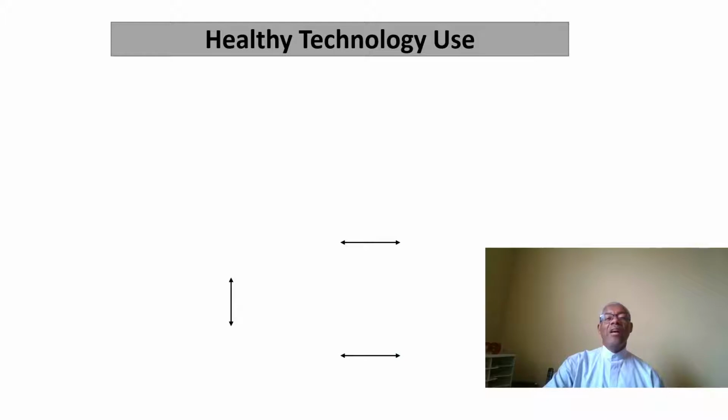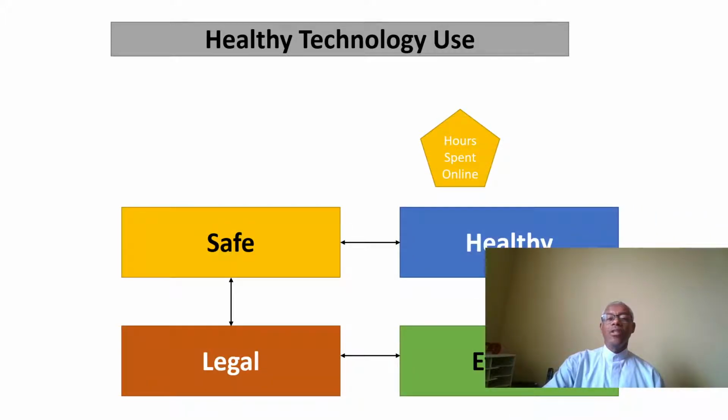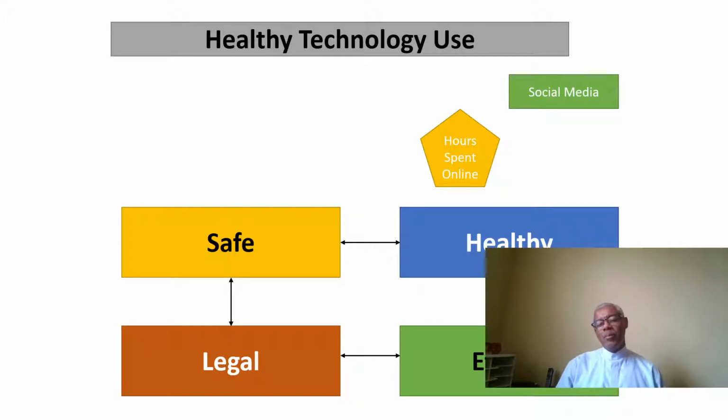All right, looking at healthy technology use. A lot of the health aspect of technology use comes with hours spent online. So, we talked about it earlier, social media. How long does the student spend on Facebook, Instagram, Snapchat, YouTube, and TikTok and all those places on a daily basis?